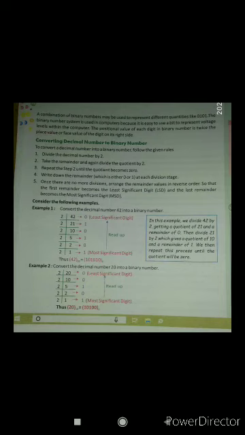So I will be giving homework for this one in your WhatsApp group. In the next video we will see binary arithmetic. Binary arithmetic means how to add, subtract, multiply and divide binary numbers.